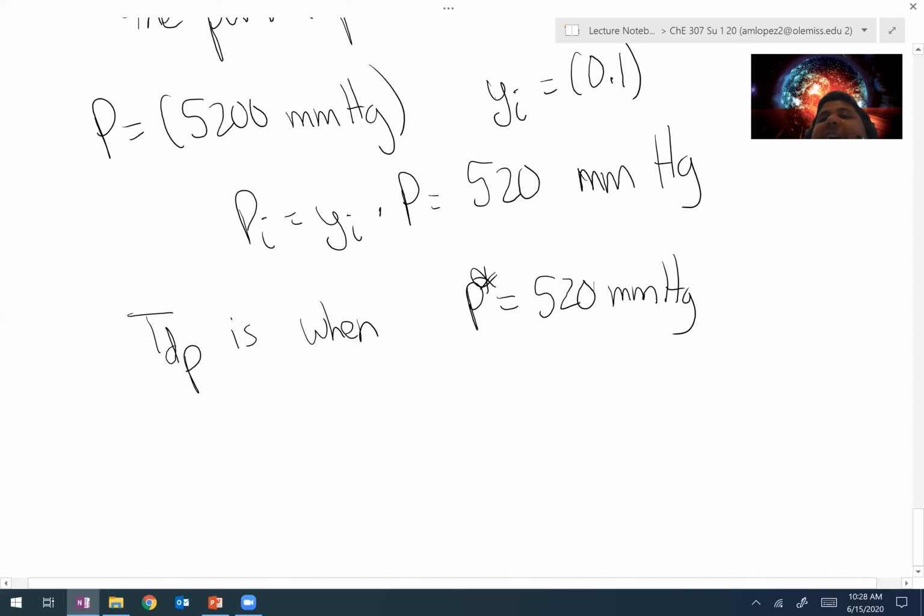Well, in the back of your book, I believe it's table B3.